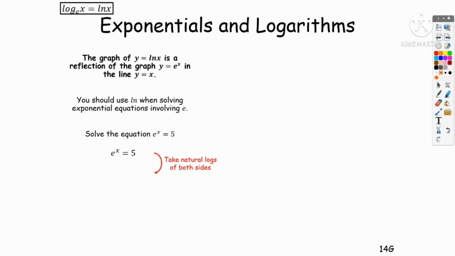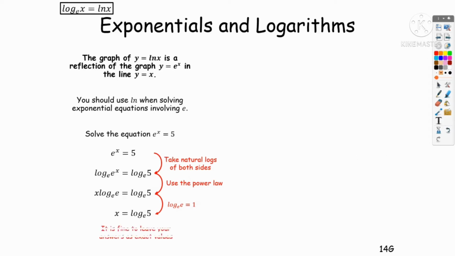If e to the x equals 5, we take natural logs of both sides, which means we get log base e of e to the x, which is equal to log base e of 5. Using the power law, I can bring the x down to the front. We've got x log e of e is equal to log e of 5. Log base e of e is 1. So I've got x equals log base e of 5.